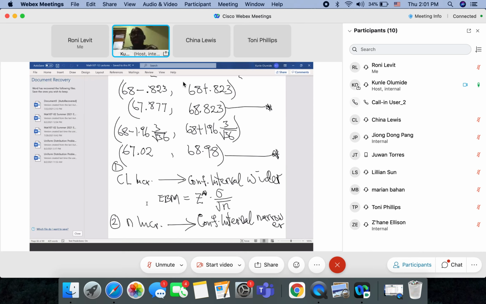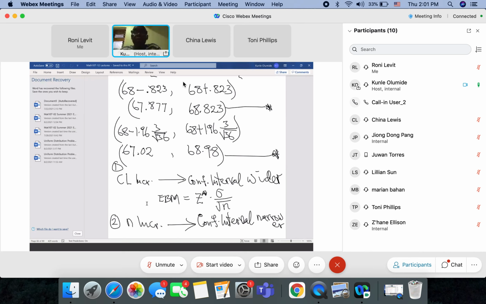They have a direct relationship, meaning that as one increases, the other one will also increase. So if the confidence level increases, the confidence interval becomes wider.